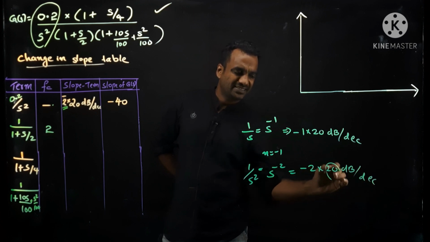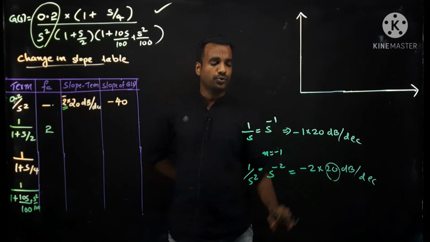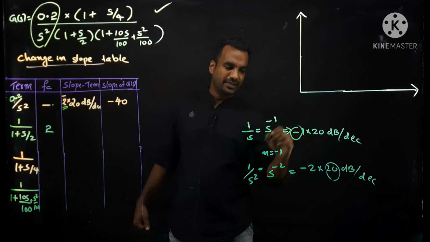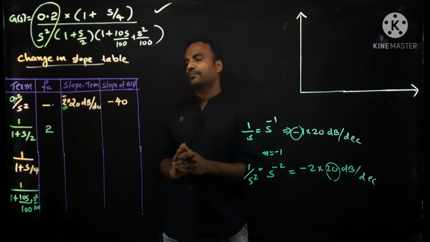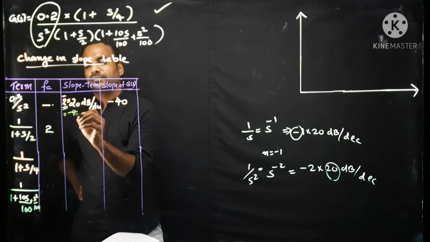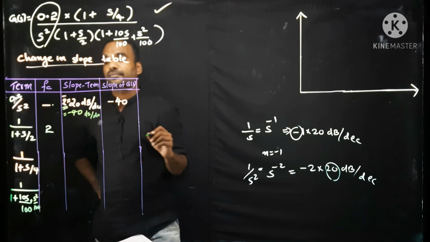This 20 is a standard thing. Each s term contributes a slope of 20, and as the s is in the denominator, we will have a negative sign. So, what will be the slope of this term? It is minus 40, minus 40 dB per decade.